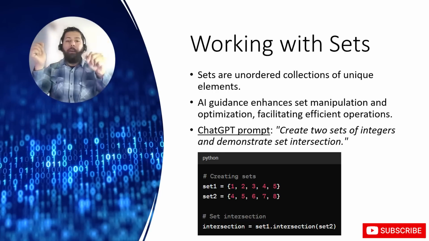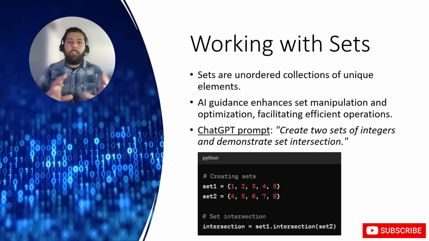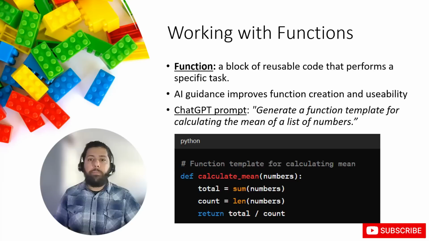So what I'm doing there is I'm intersecting set 1 and set 2. So sets allow you to do that as one of their applications. And again, we'll look at an example of how to apply sets for practical applications.